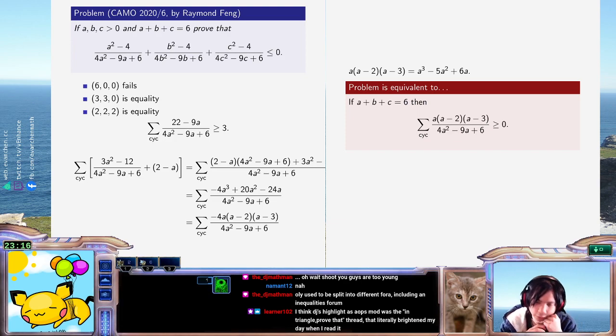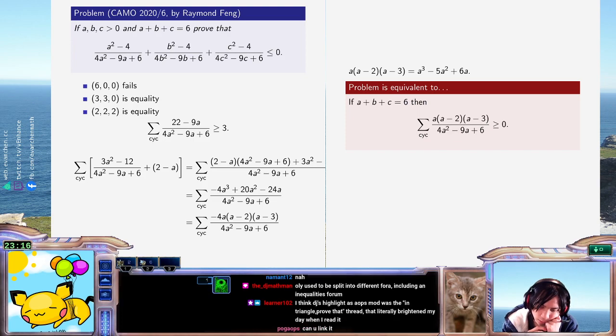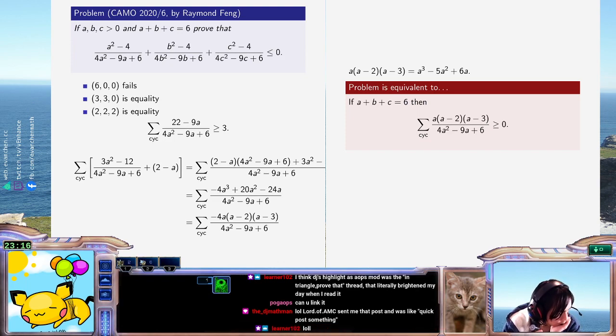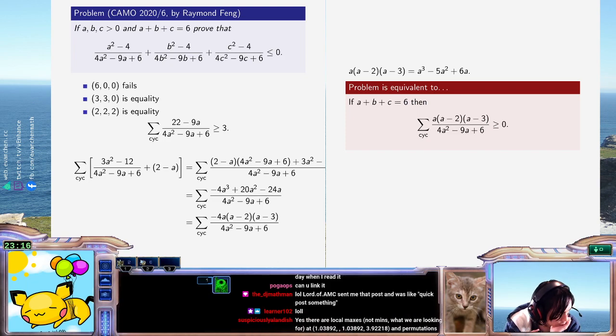Yeah, it's equivalent to adding multiples of a squared minus 5a plus 6, so it won't do anything special. I don't know how I'm going to get this.